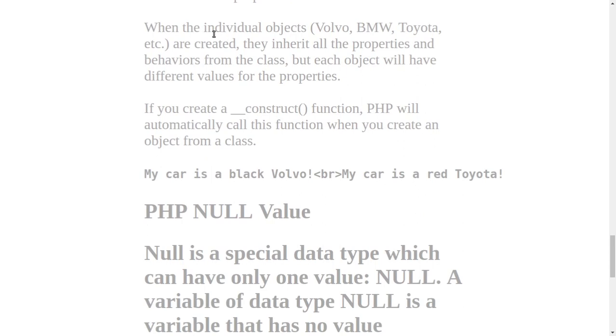When individual objects Volvo, BMW, Toyota, etc. are created, they inherit all the properties and behaviors from the class, but each object will have different values for the properties.